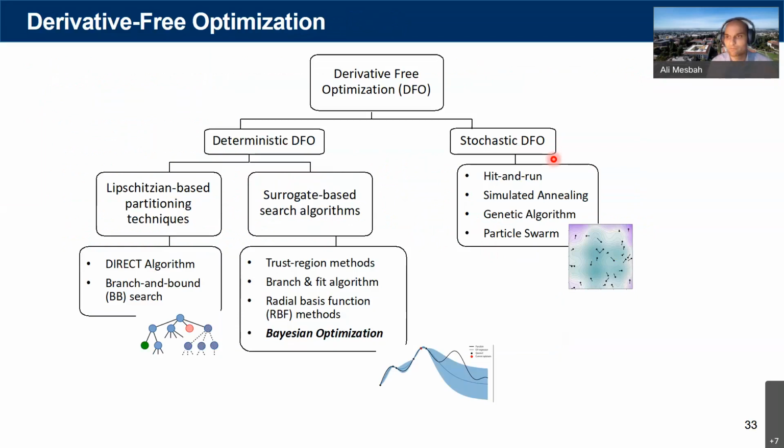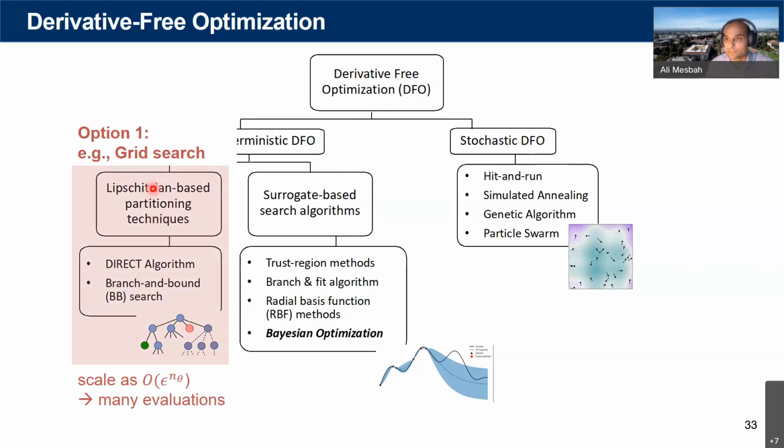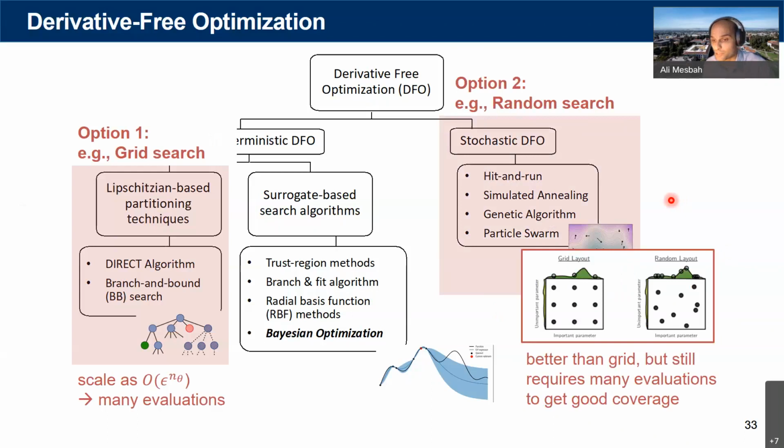And I'm not going to go over this slide. There are obviously a wide range of derivative-free optimization methods. On one hand, we have Lipschitz-based partitioning techniques. Take grid search methods. The challenge with grid search methods is that they rely on many function evaluations, right? On the other hand, we have stochastic derivative-free optimization methods, such as random search. Again, they are better in terms of their computational complexity relative to grid search, but still they may require a good number of function evaluations.